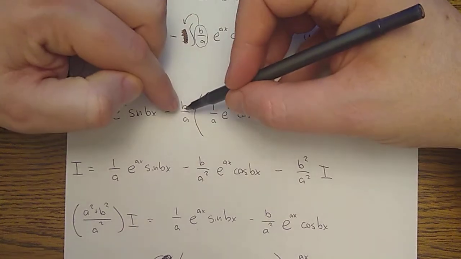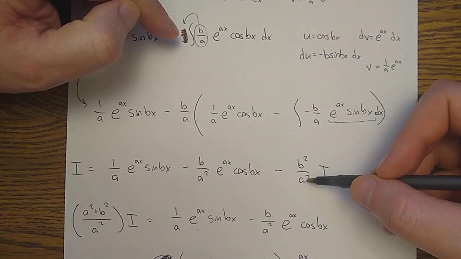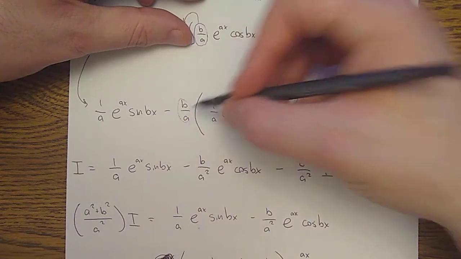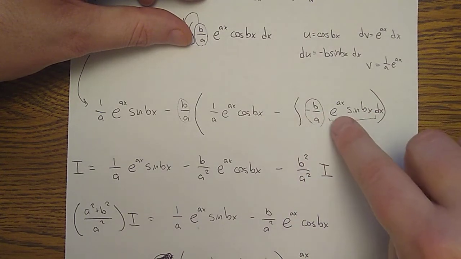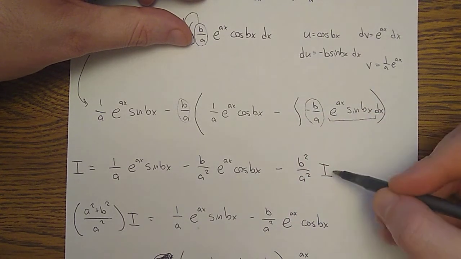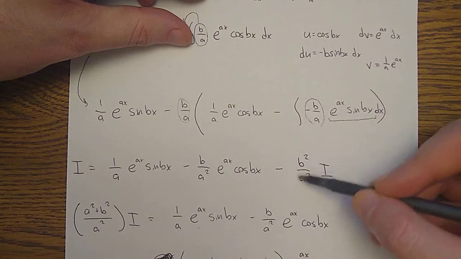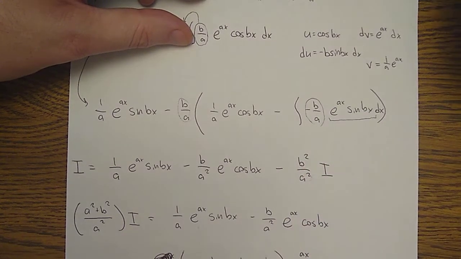That got multiplied by another negative b over a, so I've got negative b squared over a squared. Other than these constants that got put together, what I have is the integral of e to the ax sine bx, which is I. So I summarize what happened with the constants, which was a negative b squared over a squared, and then I just write I.